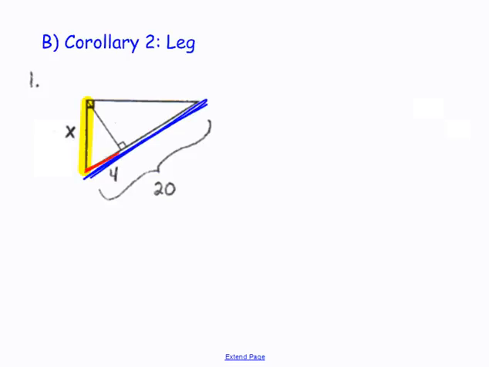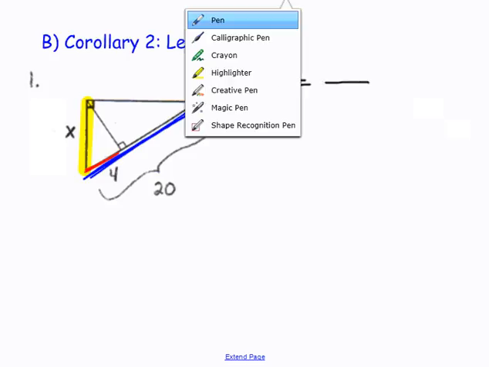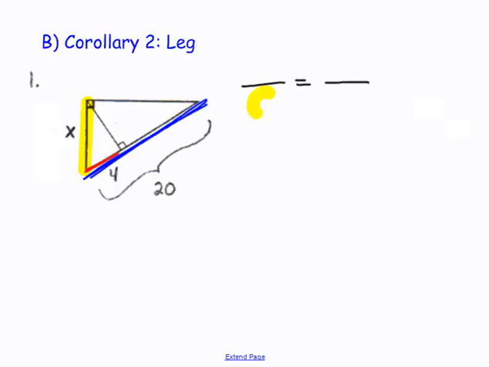Okay, so when I'm setting this up again, got this and this. Okay, so now if I look at my colors, I know that x is going to go where the yellow is. X and x.